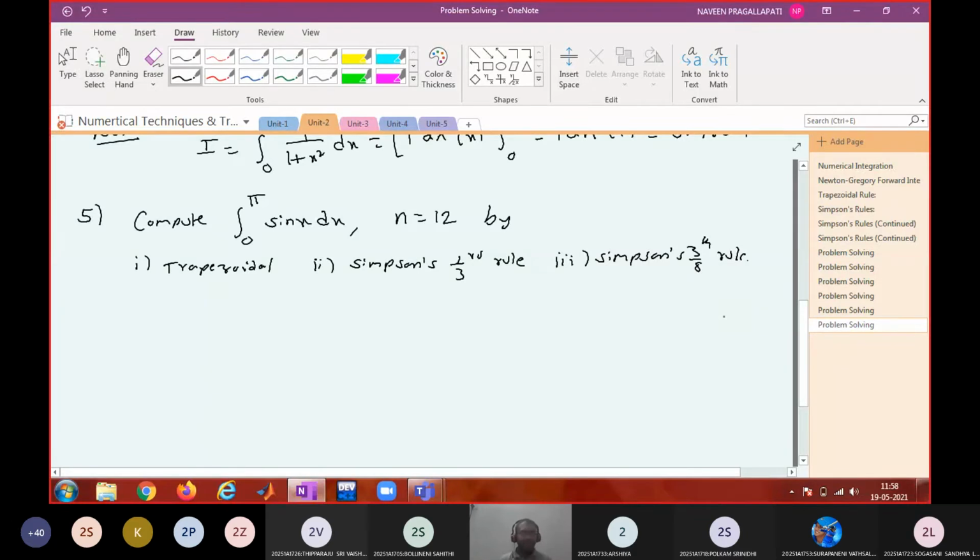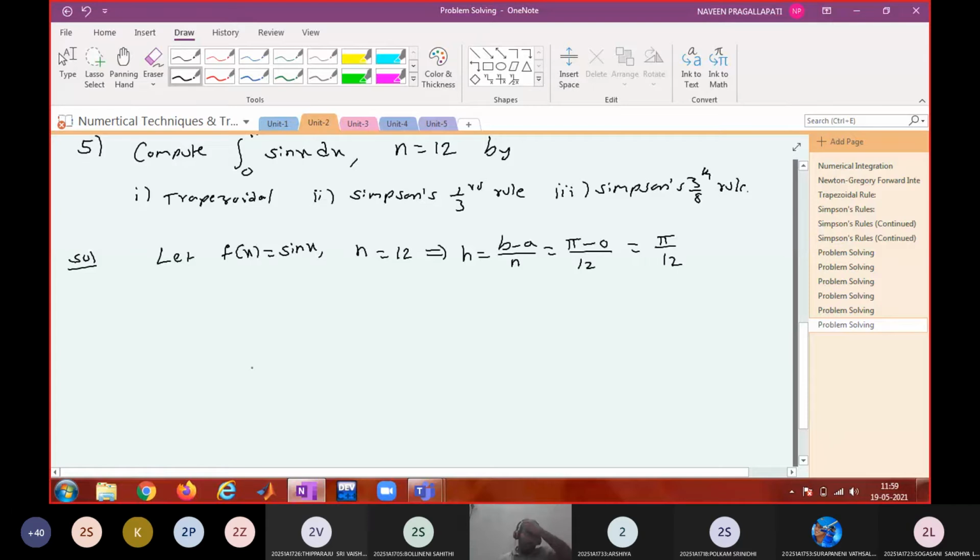So f of x equal to sin x, n equal to 12 implies h equal to b minus a by n, equal to pi minus 0 by 12, equal to pi by 12.